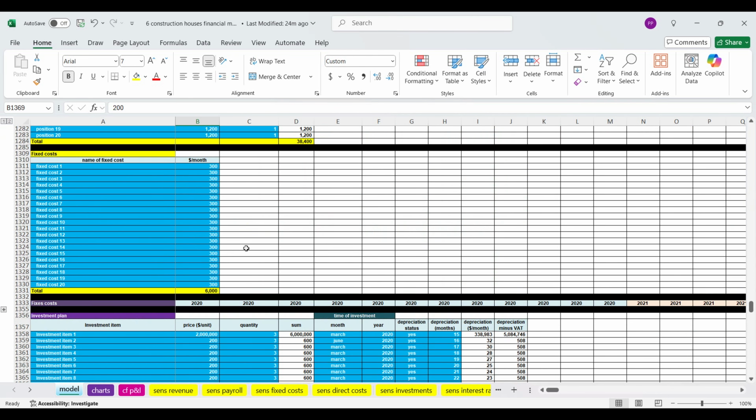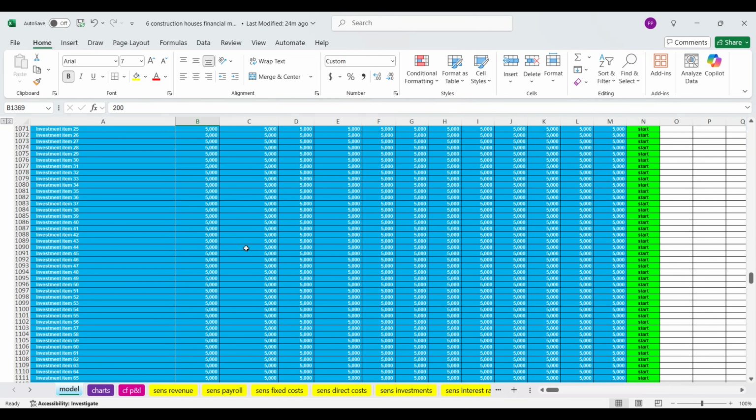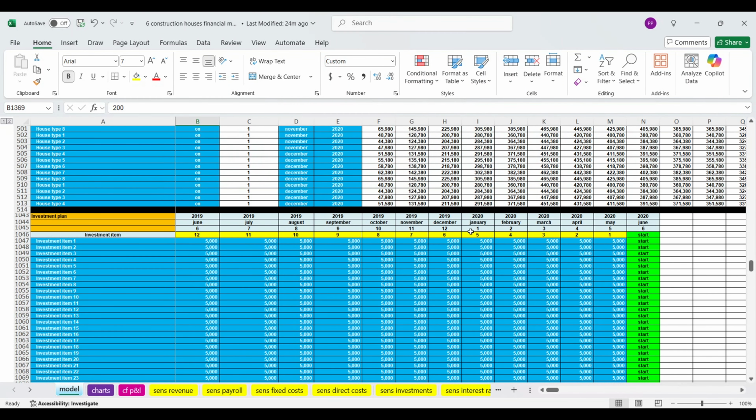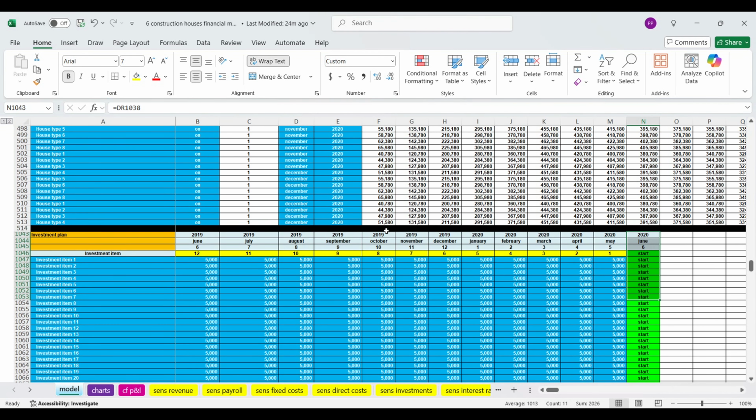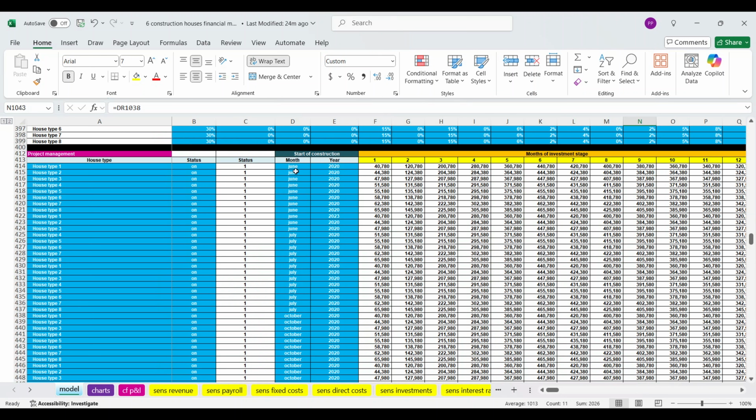And also we have investment stage expenses that are directly linked to the moment when we start building the first house. So this green column is being set up automatically depending on what month and year we specify here.